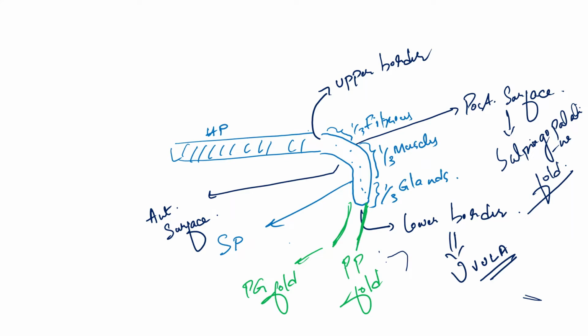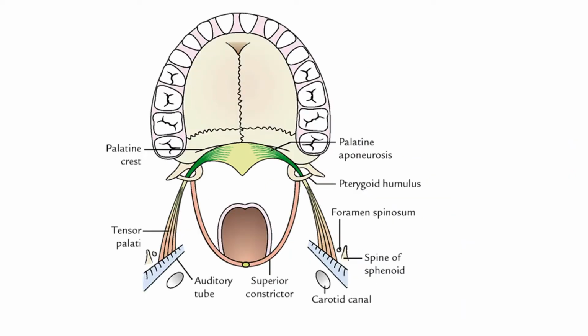Next, moving on to the composition of the soft palate. The soft palate consists of a bilaminar fold of mucous membrane. It is mainly composed of the following structures. Other than the mucous membrane, the deeper part of the soft palate contains the aponeurosis, which is called the palatine aponeurosis.